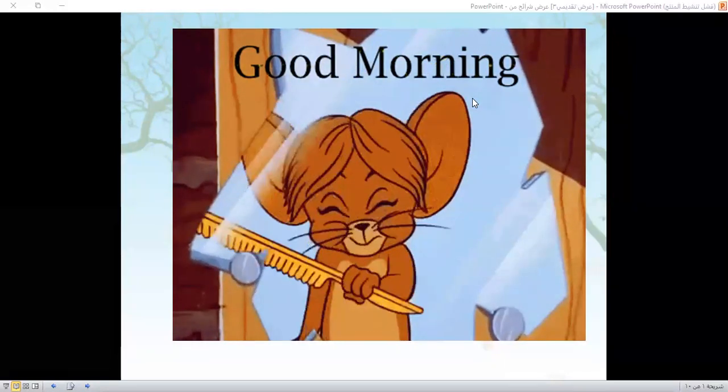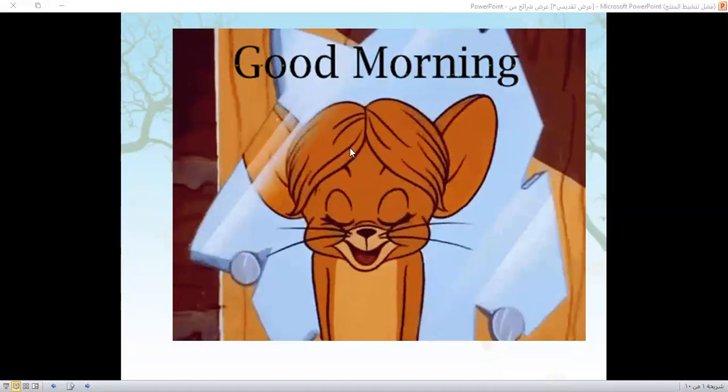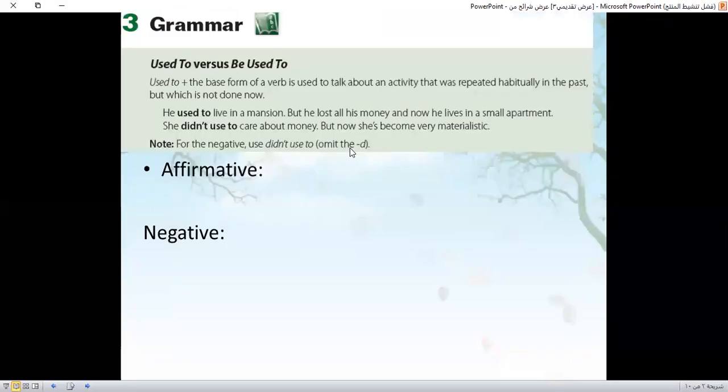So the first grammar that we're going to take on is in the unit Rags to Riches. First of all, I need someone to remind me what is the meaning of rags to riches? The title of the unit, Unit 2. We said the meaning yesterday. I will write it on the chat so for you to remember.